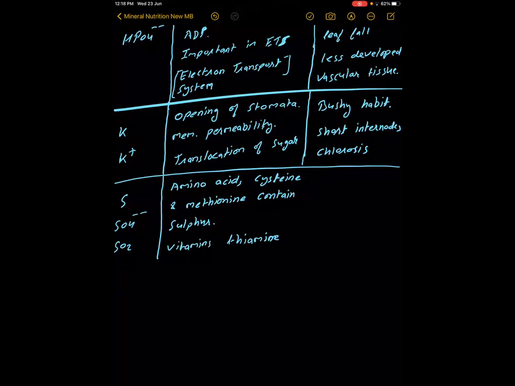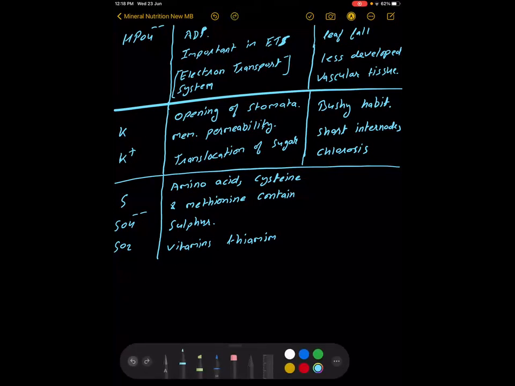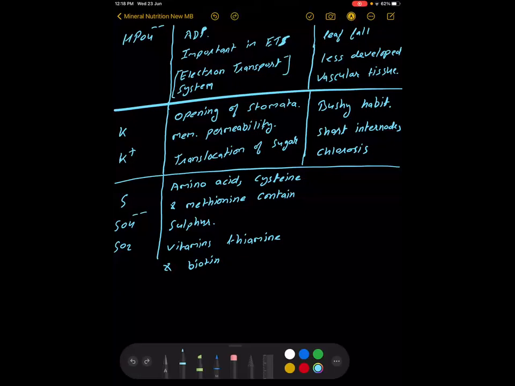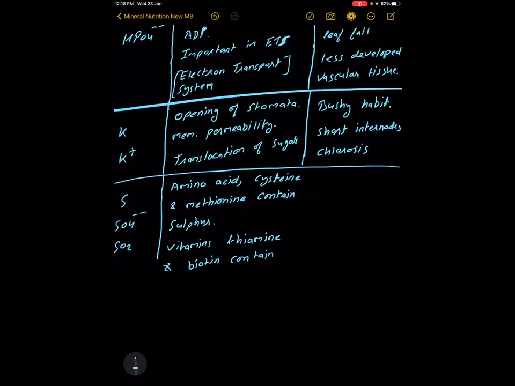So first of all, amino acid, then vitamins like thiamine and biotin. Thiamine, biotin, they contain sulfur.